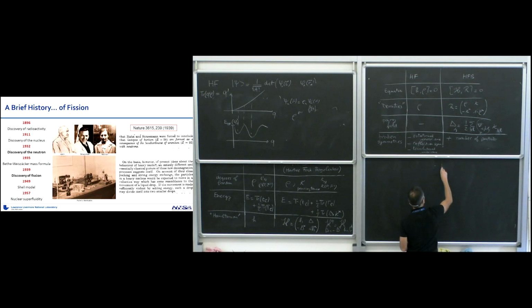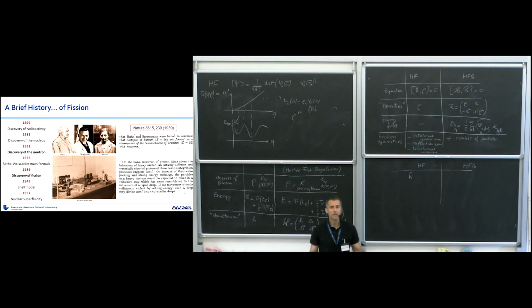I'm going to continue here, again, the comparison. So I can formalize this by saying that if I take the number operator, I'm not even going to give you what it is. If you're into second quantization, you know what the form of this operator is, but you can say that the Hartree-Fock many-body wave function, the Slater determinant, is an eigenstate of that number operator.